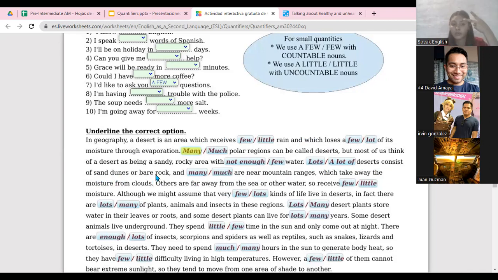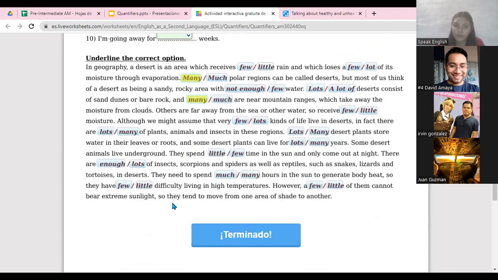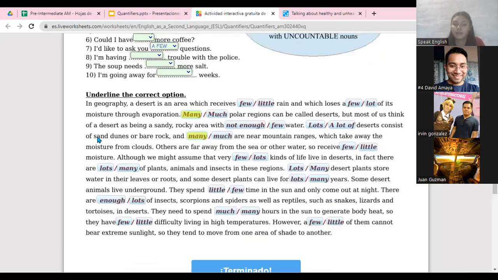We have two nouns, so this is plural. That's why we add many. So you have to be careful with the context in this part because this is also reading comprehension. Okay.